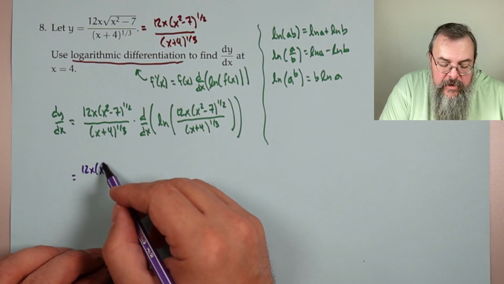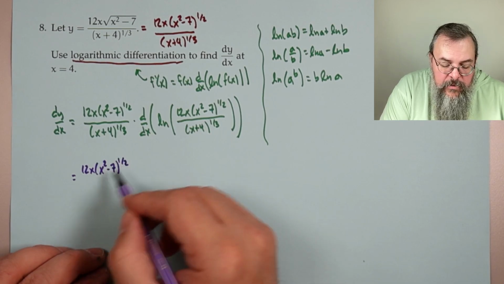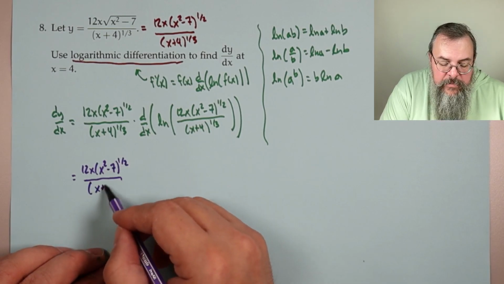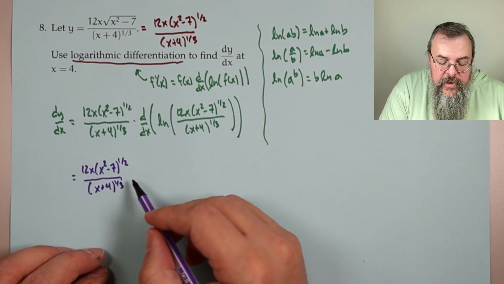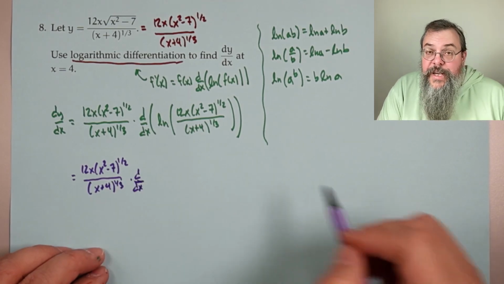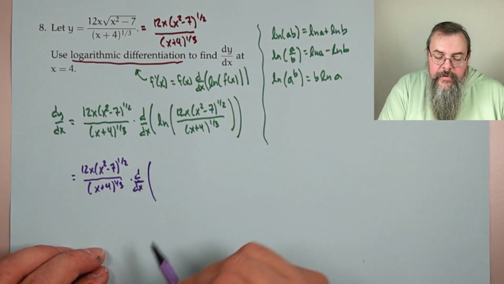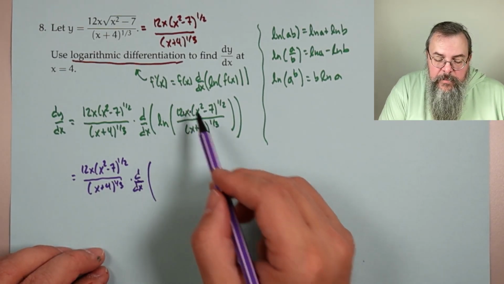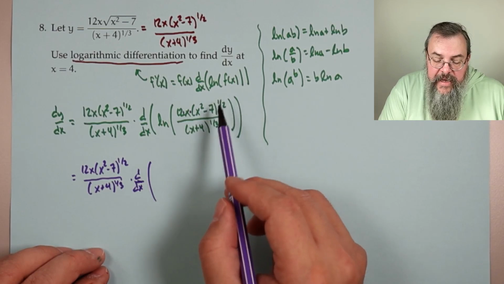So we have 12x times x squared minus 7 to the 1/2 over x plus 4 to the 1/3 times the derivative. Now, we're going to do this in one step for the logs. Everything that's getting multiplied upstairs gets added.